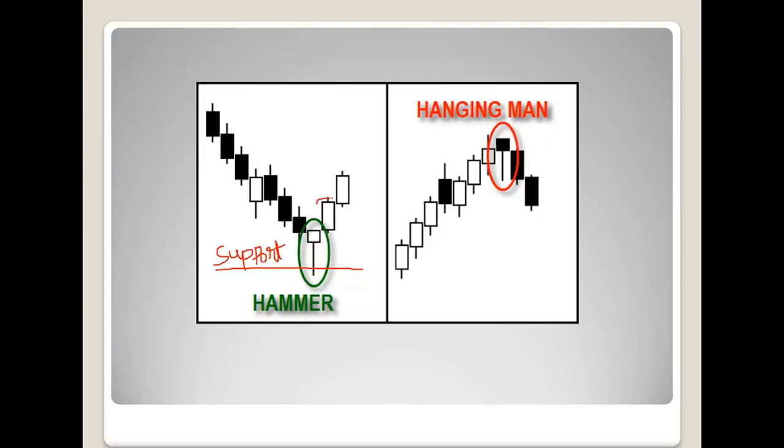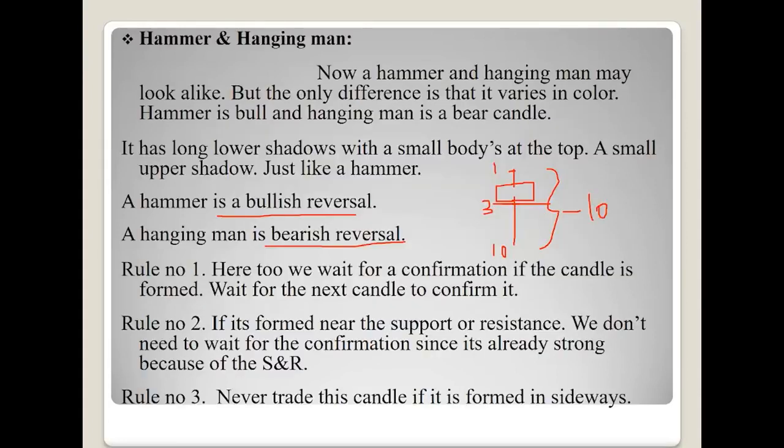Then you need not wait for the next candle. You can just go for a buy after the candle closes. And if there is a hanging man near the resistance, you need not wait for the next candle. You can just go for a sell after the candle closes. So after the hanging man closes, you can go for a sell directly if there is a resistance. So that is your rule number 2.